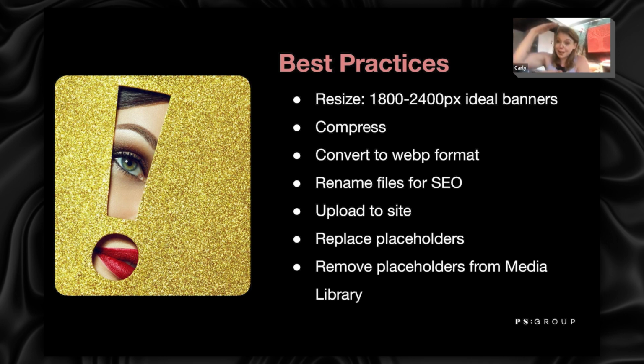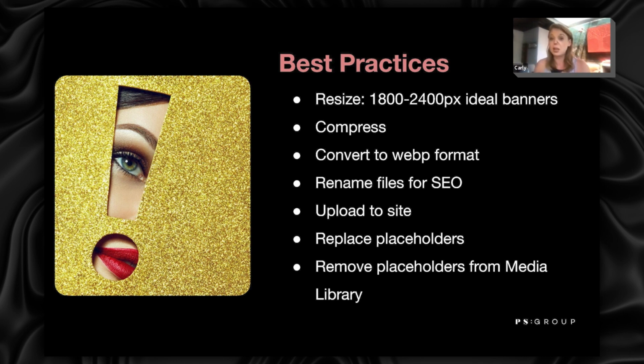Then you compress the file size. So it's not just resizing it, you're squooshing it too. You want to convert to what is called a WebP format. WebP formats are file formats that can be used exclusively on a website. This is different than a JPEG, which can be used outside of a website.